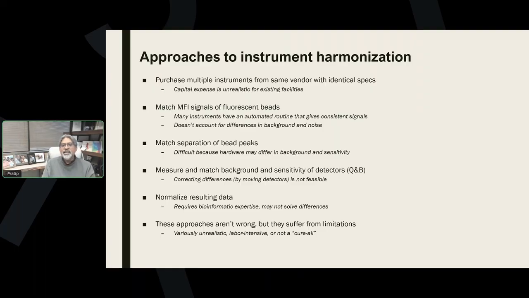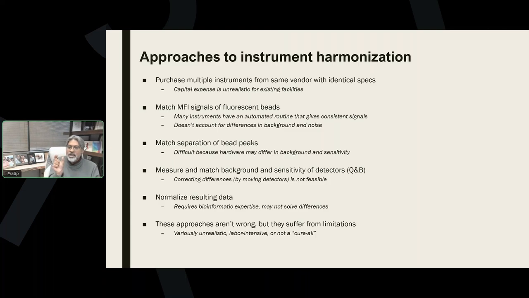And as you'll see in a minute, the differences in background and noise are really what drive whether we can reliably gate on populations and enumerate them. And ultimately, that's the goal. When we're harmonizing panels, we're trying to reliably enumerate different populations and get the gating to match. We can also match the separation of bead peaks.